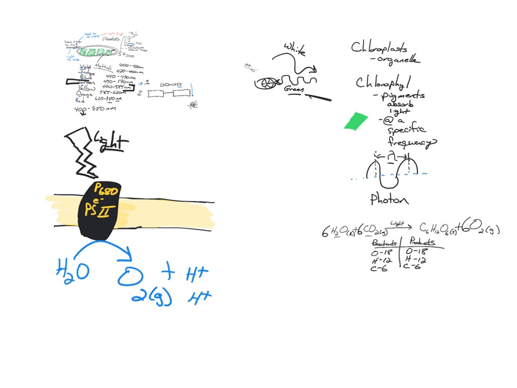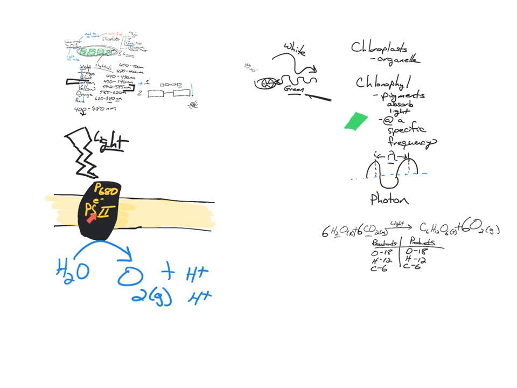We're going to use that to pull the hydrogen on one side, and that's called the electron transport chain. We're going to move it from one carrier to the next, and we're going to send that energy in that electron to the dark cycles, the night cycles. We call it the Calvin cycle.